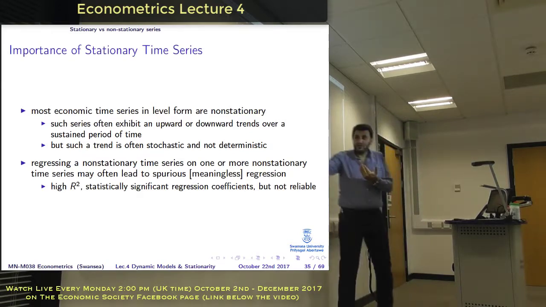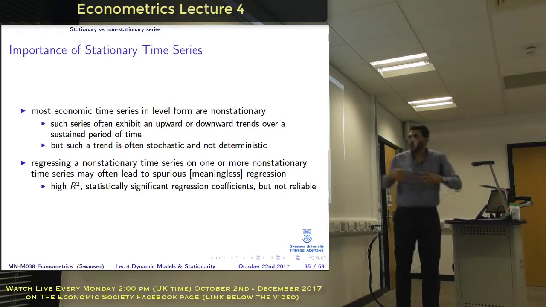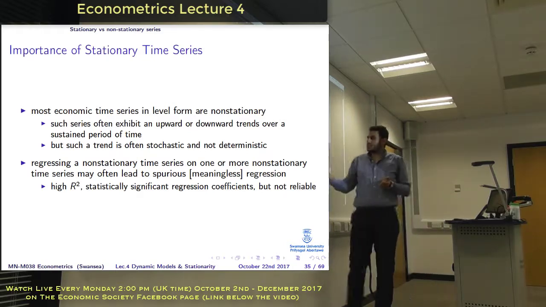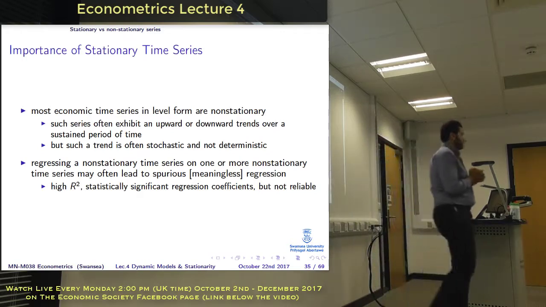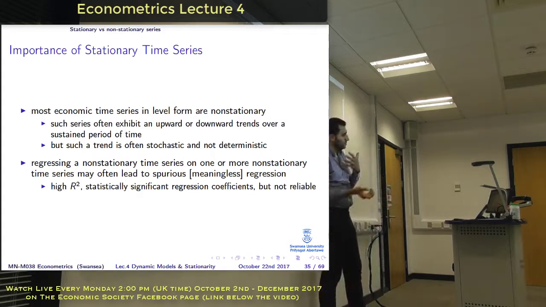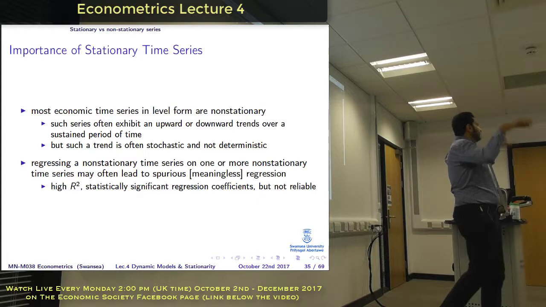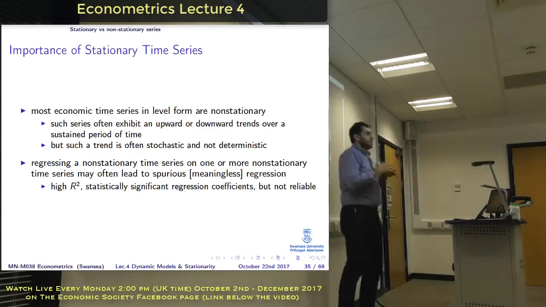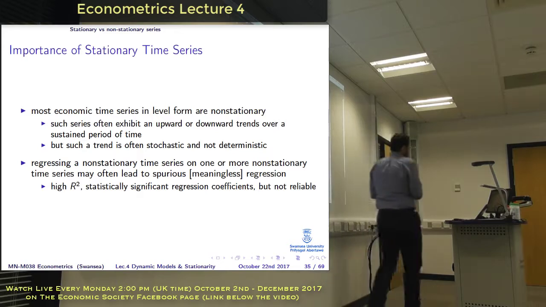You might have a very high R-square for this sort of relationship, and statistically significant regression coefficients, but this is something you can't rely on. You can't tell me that your income depends on your height or GDP depends on your height. Both variables just move together over time. This doesn't make them related in any way. And that's what we mean by spurious regression.